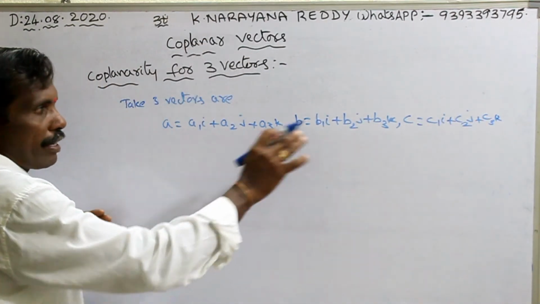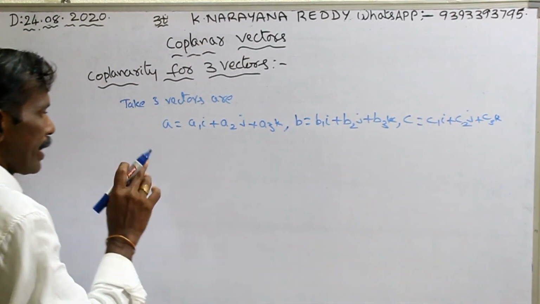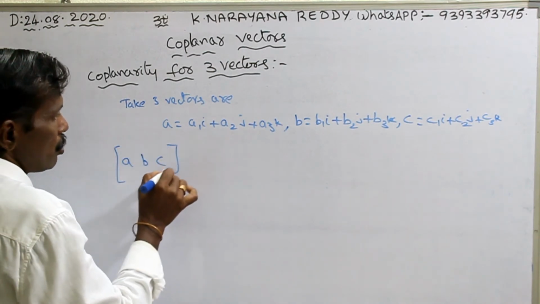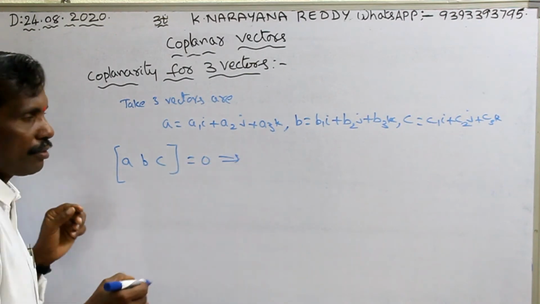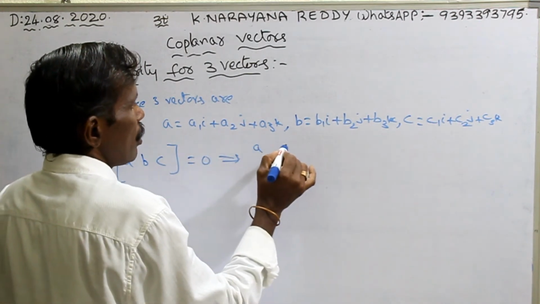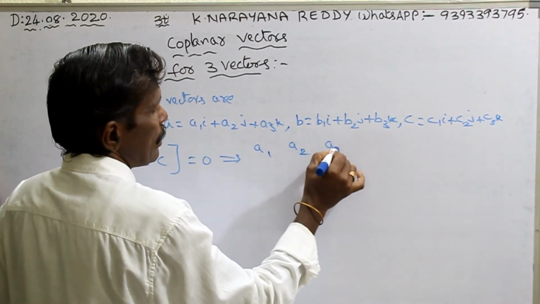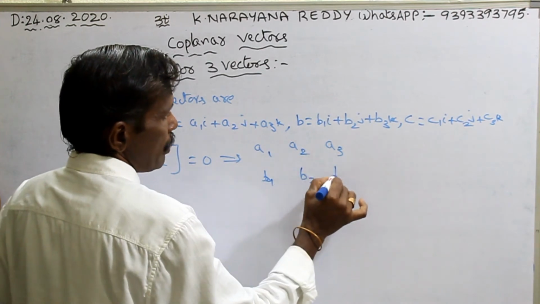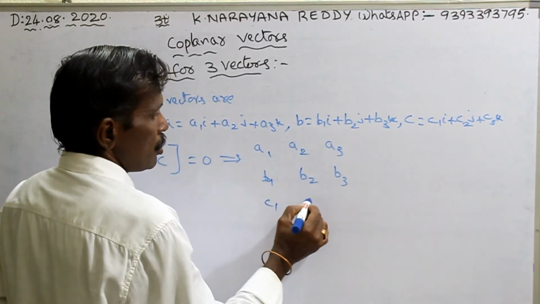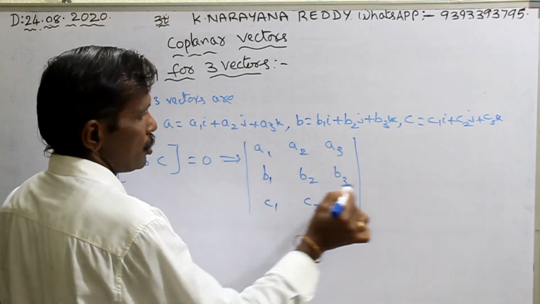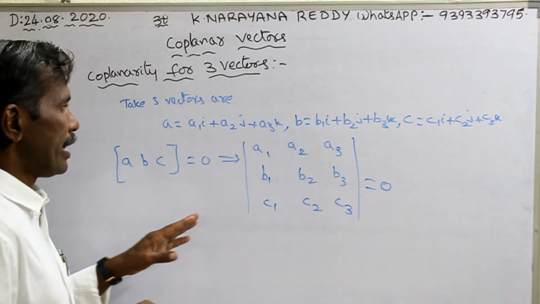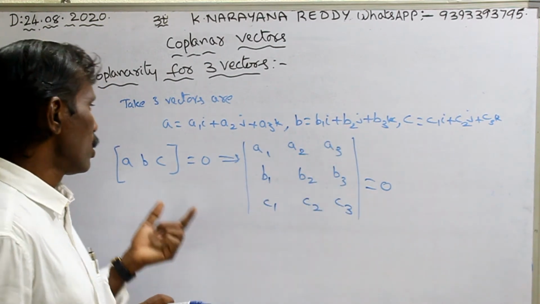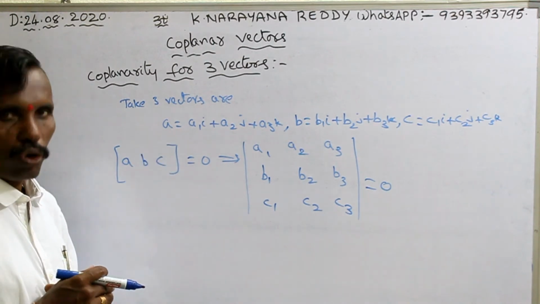These are three vectors A, B, C. Now the condition is the scalar triple product [A B C] equals 0. That implies the determinant of A1, A2, A3, B1, B2, B3, C1, C2, C3 equals 0. That means the determinant of these terms is equal to 0. Then those vectors are called coplanar vectors.